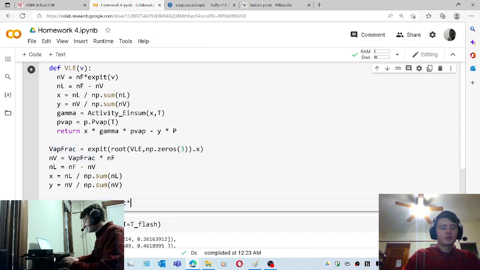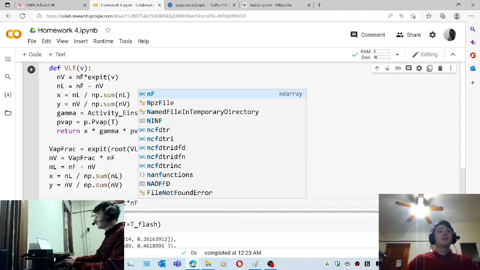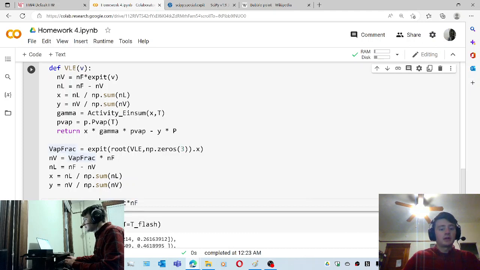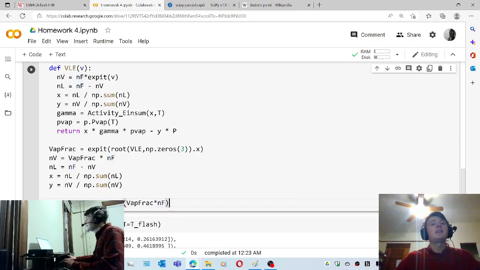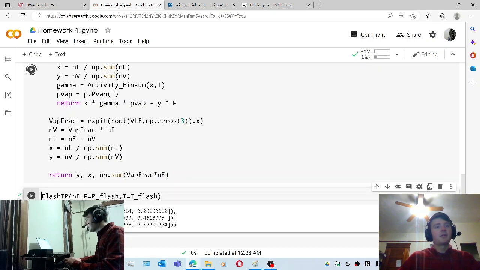Let me return this last one, instead of just the vapor fraction times the number of moles in the feed, as the sum of that. That's going to be the number of moles in the vapor phase.